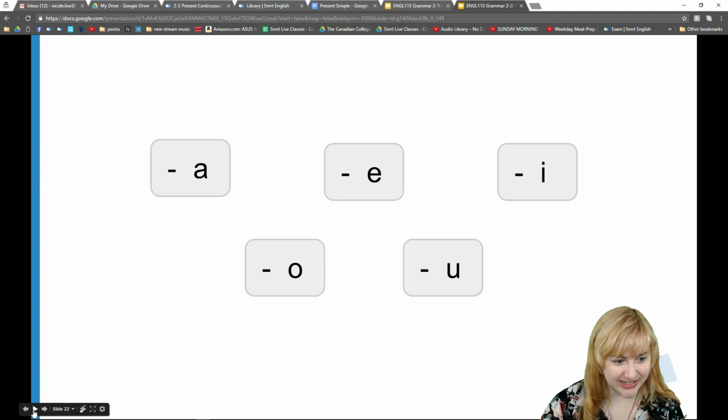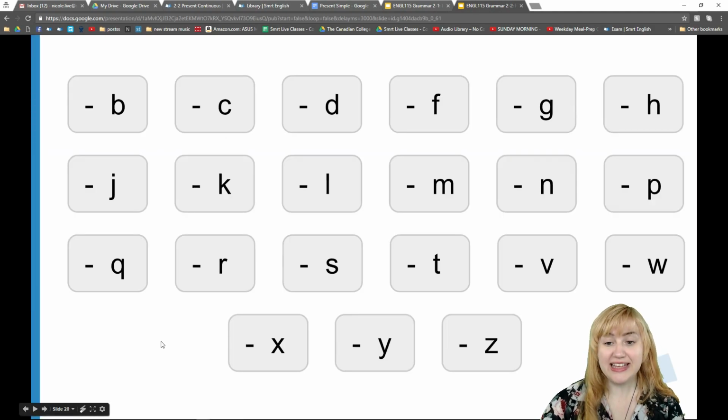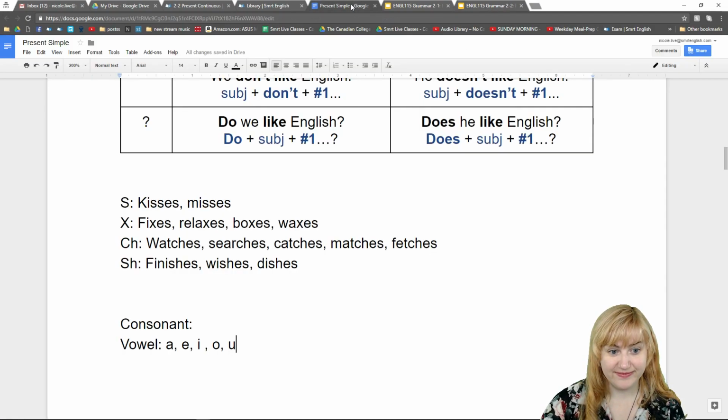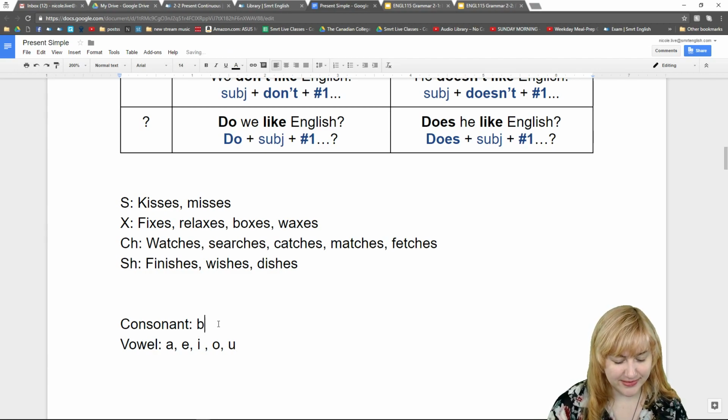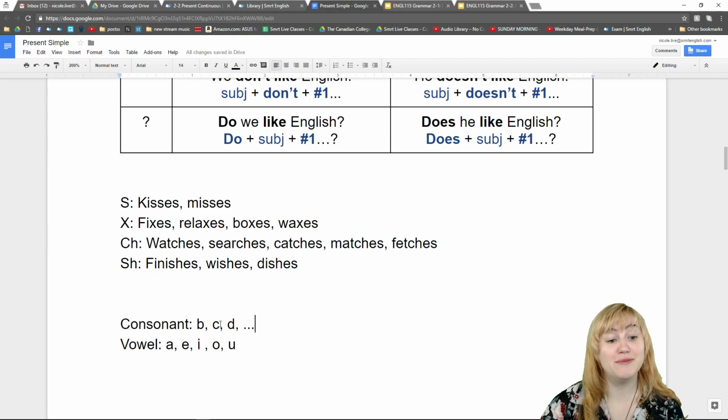And I think I have a list here. Let's see. Yes. So these are the consonants in English. We have B, C, D, F, G, blah, blah, blah. These are consonants. I'll just put a couple here. B, C, D, blah, blah, blah. There are many consonants. Okay, so back to the rule.